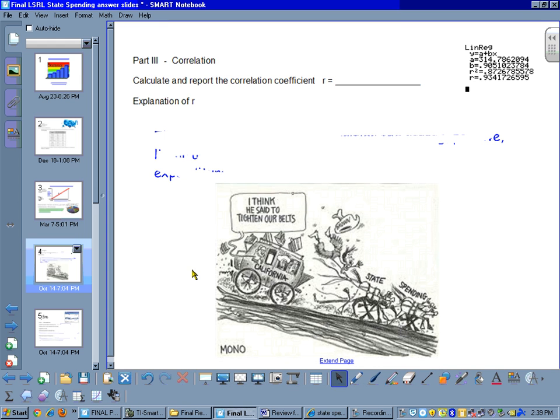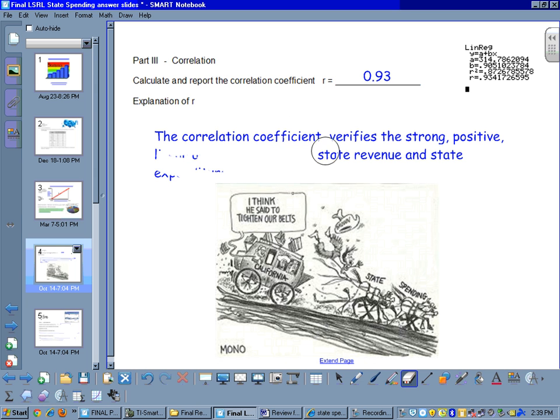I've already transferred that over to our screen. The R value is 0.93. This does verify what my eyeballs saw, which was a strong positive linear association between state revenue and state expenditures.